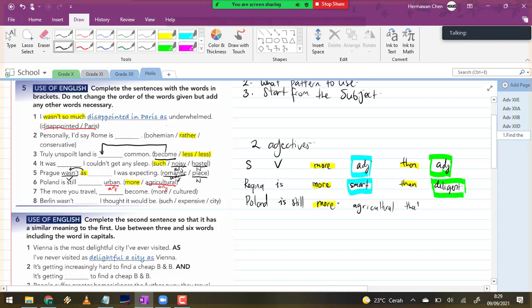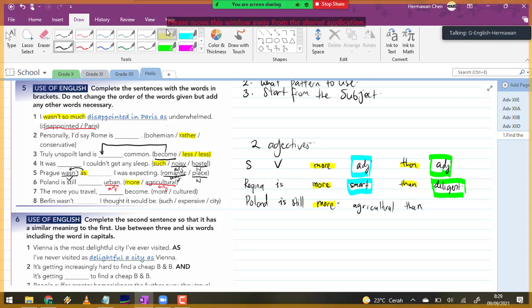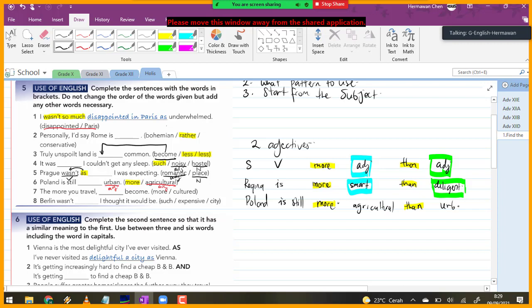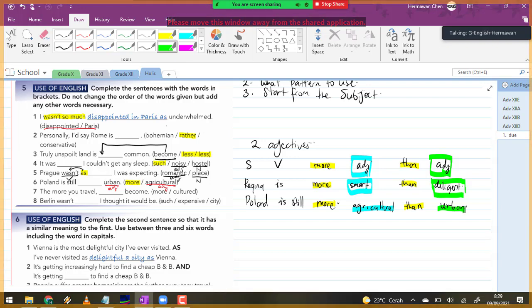Then we continue with than, and that's part of the pattern. And then the second adjective already given, yeah, urban. Okay, that's it. This is the answer. Poland is still more agricultural than urban. Question.